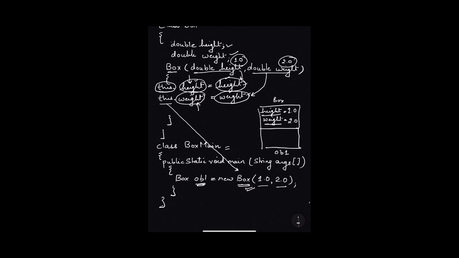So basically this helps in solving the problem of same names, that is when the names of the instance variables are the same as the names of the arguments. So I hope this concept is clear to you. Thank you.